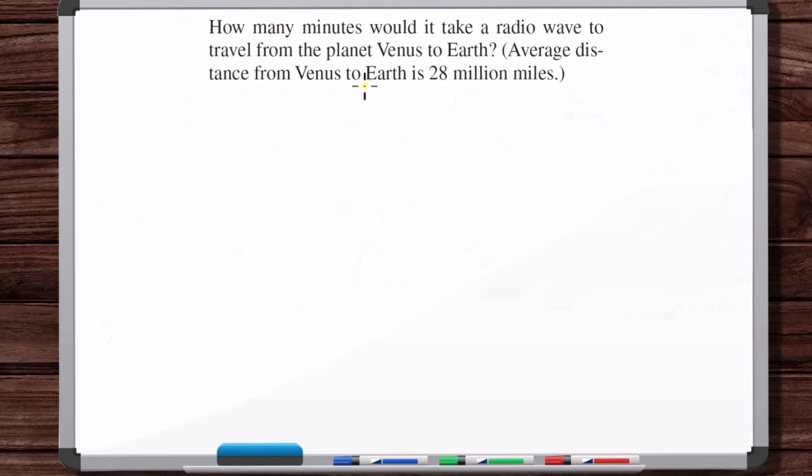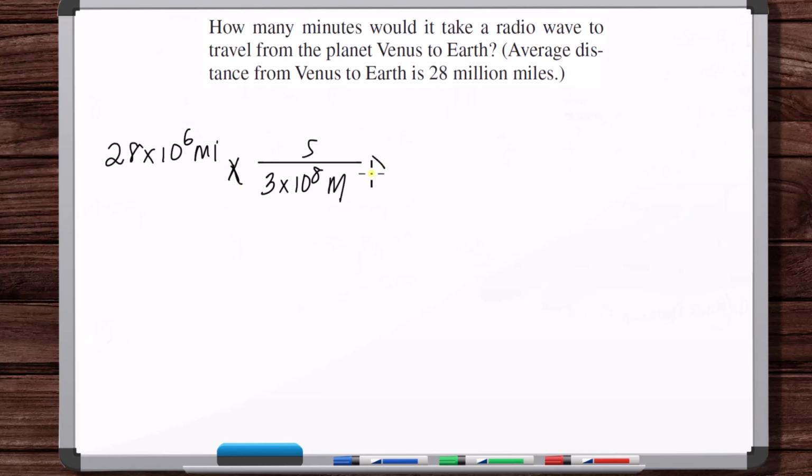So let's see, we've got 28 times 10 to the 6th miles, and then we've got 3 times 10 to the 8th meters per second is the speed of light.